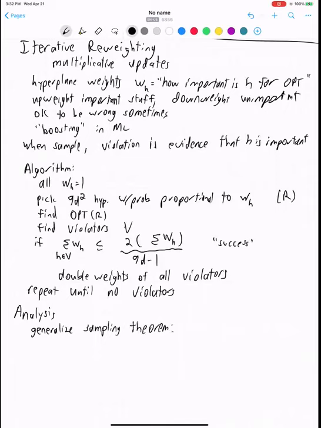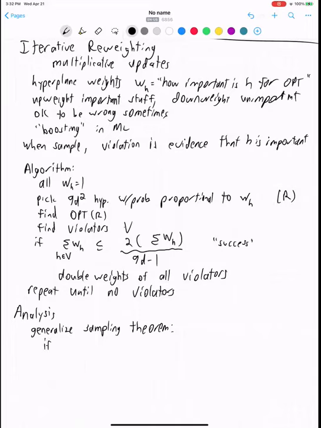Before, I talked about how if you sample a certain number of hyperplanes, then the number of violations is small. Now we're just going to be doing weighted sampling, and so it should be intuitively clear that the weight of violations is small.